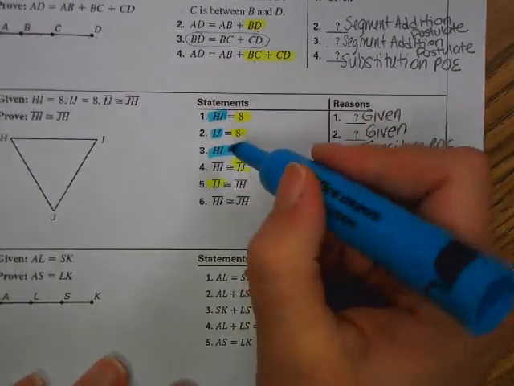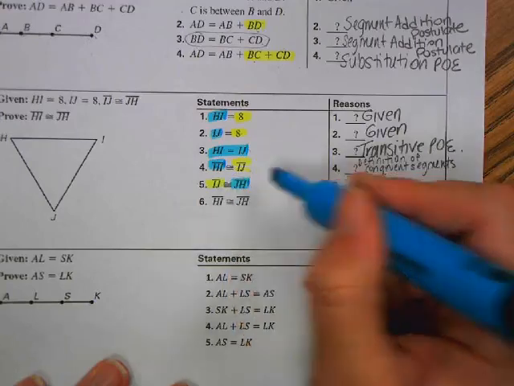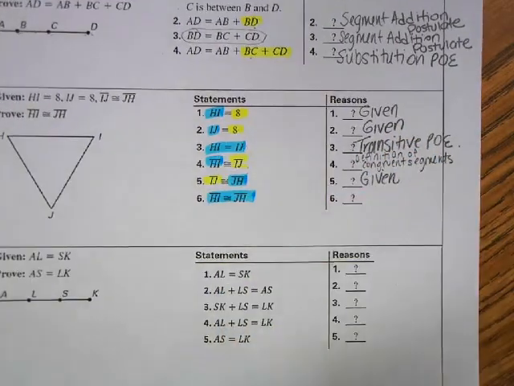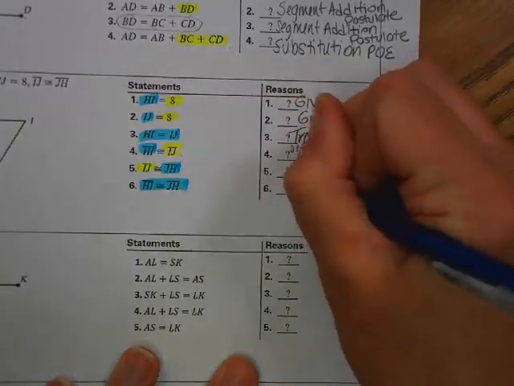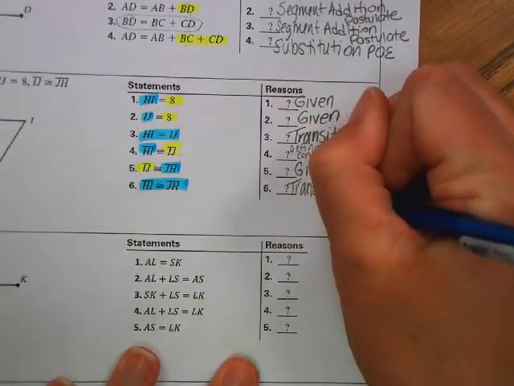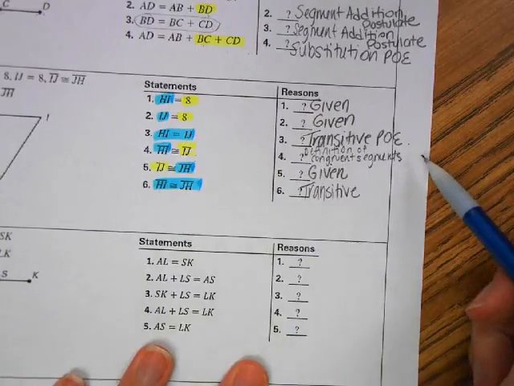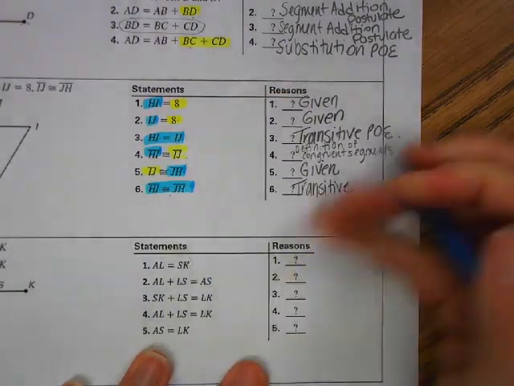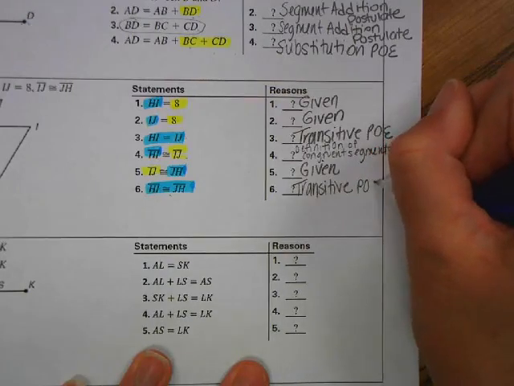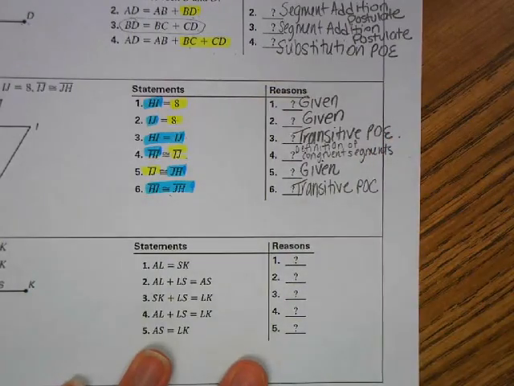So if HI and JH are both congruent to IJ, then they're congruent to each other. So that's the transitive property again. But it's not the property of equality, because remember we talked about this in number 1. If there's a congruent sign, it's property of congruence.